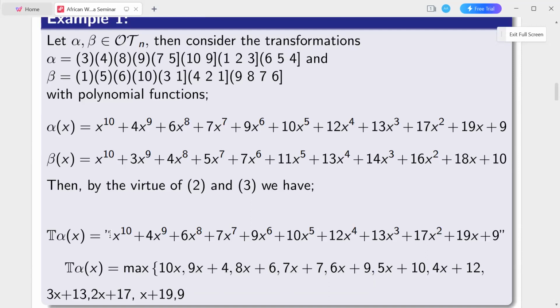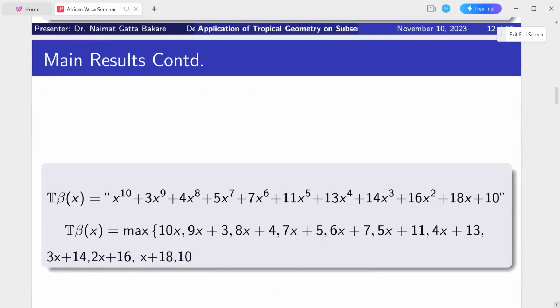Considering this, since we have x raised to power 10, if you want to take the tropical polynomial, it will be 10x, while 4x raised to power 9 will be 9x plus 4. The next one will be 8x plus 6, 7x plus 7, 6x plus 9, 5x plus, because we are applying those two definitions, addition and multiplication of tropical polynomials. And in doing that, we have it up to the last number. Then you do the same thing for the beta.